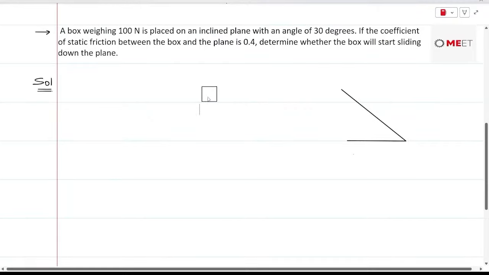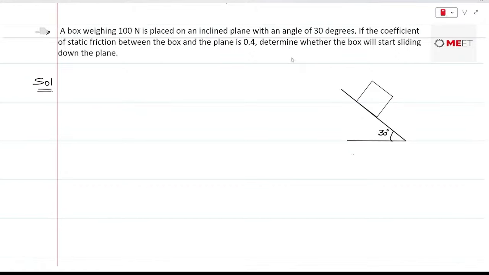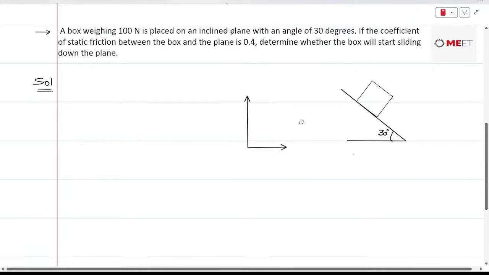So let's say this is the block given, and here the angle made by the inclined plane is 30 degrees, and here are the components of weight that will be acting along the inclined plane and normal to the inclined plane.